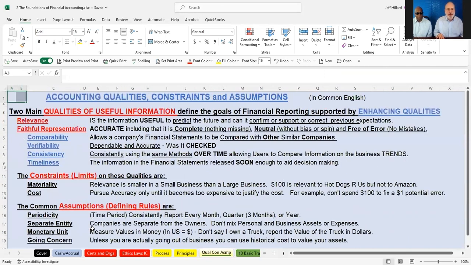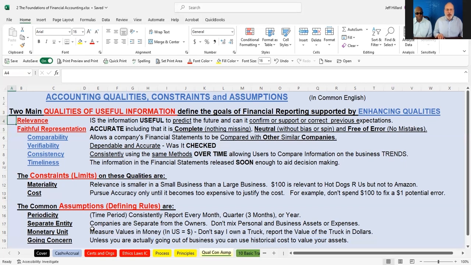Now, this next one, yeah, there's a lot of information on this page, but it's all right here. Accounting qualities. These are enhancing qualities, and I'm going to go through them quickly, but you can refer back to this. The two main things are relevance, which means useful to predict the future, faithful representation, which means accurate, complete, and neutral, which means no spin, and free of error.